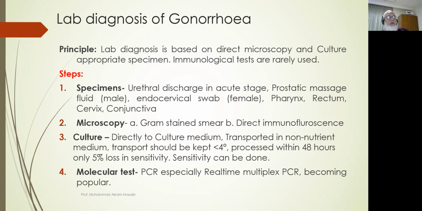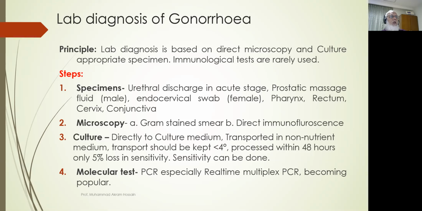In case of female, endocervical swab, not vaginal swab, because the endocervix has got columnar epithelium to which Neisseria gonorrhoeae can adhere. In case of abnormal sexual behavior, we can consider swab from pharynx, rectum, and in case of children, conjunctival swab.